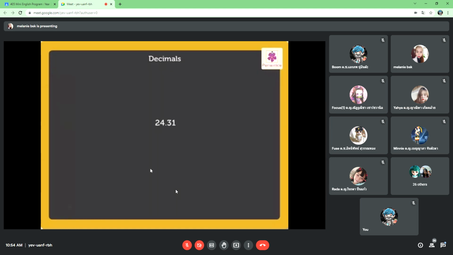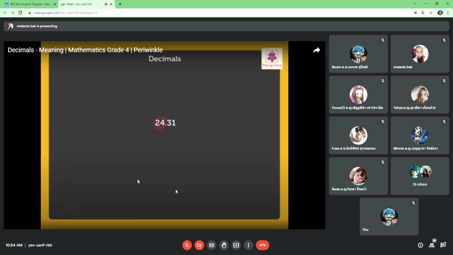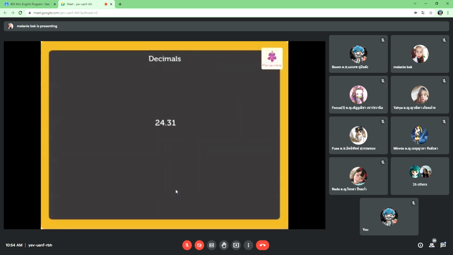A decimal number has two parts, one on the left side and other on the right side of the point. Let us see what these parts are. Consider the decimal 24.31. The dot in between 24 and 31 is called the decimal point. The number to the left of the decimal point is called as the whole part or integral part.